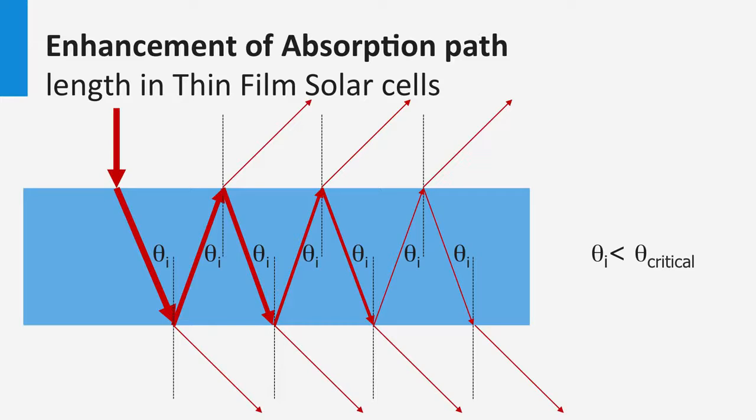The light is scattering between the two interfaces, down and up. In the ideal case, you would like to have all light trapped in the absorber layer, making the absorption path length so long that all the light is absorbed. Unfortunately, at every internal reflection, part of the light is transmitted out of the film.